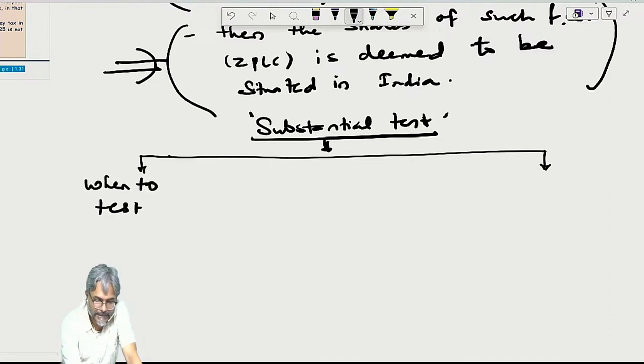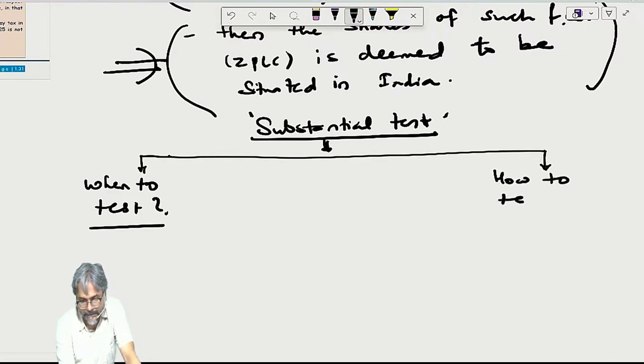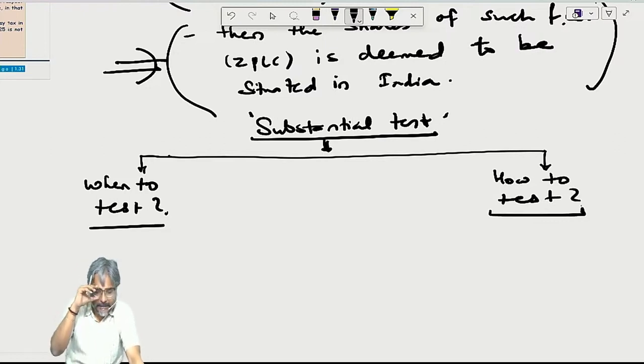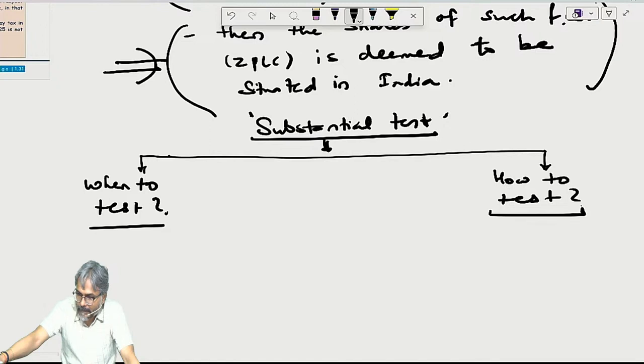When to test, and second one is how to test. When to test and how to test.